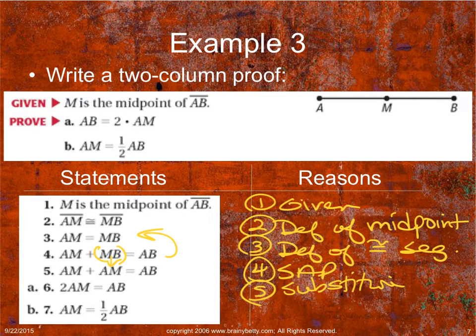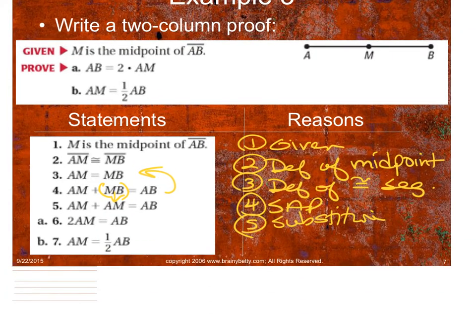All right. So now, from step 5 to step 6, all they did was add 1 AM plus 1 AM and got 2 AM, so that's simplified. Oh, I thought it was addition. That's a freebie. Addition property of equality would have been if you added something to the other side also. But when you just combine like terms, we're just going to say simplify.